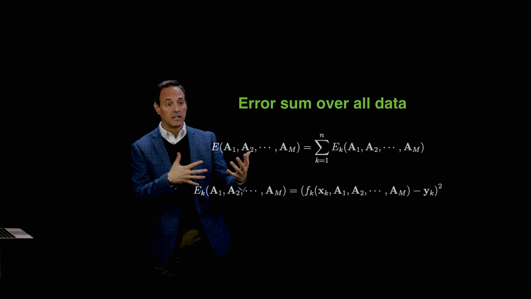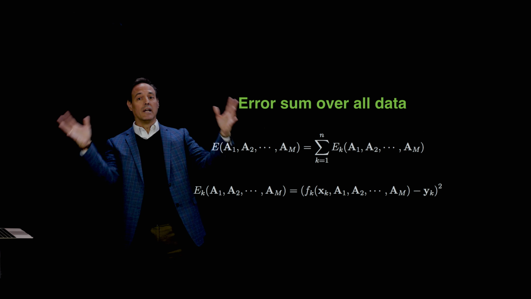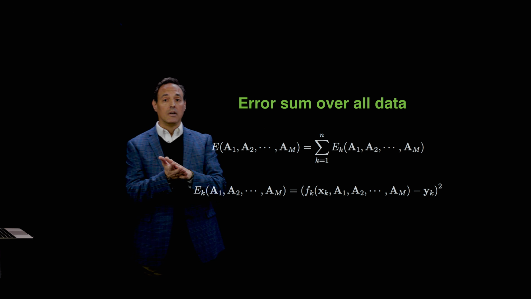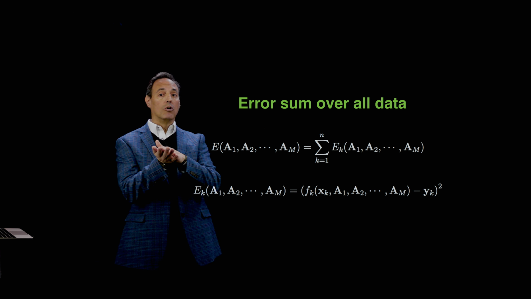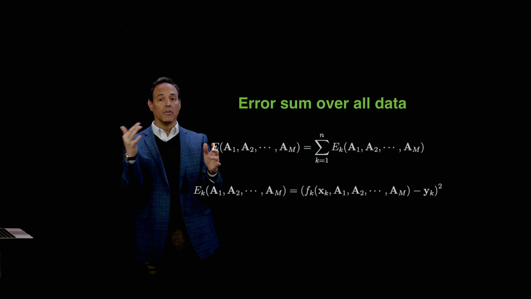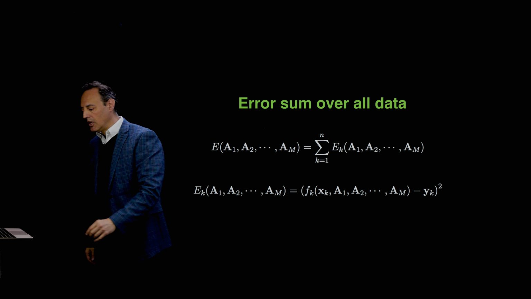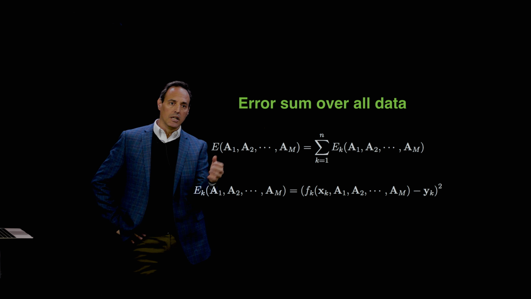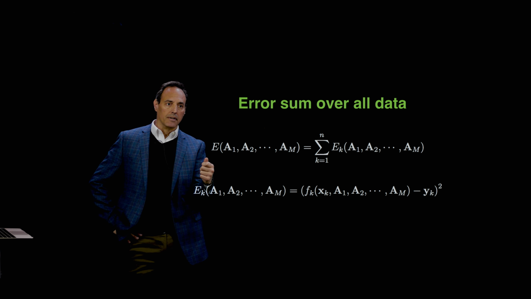But it does give you a global way to evaluate this over all of the data. That doesn't mean you won't get stuck in local minima, but it does give you at least an evaluation metric over all the data. So the difference between gradient descent and stochastic gradient descent now becomes very clear.